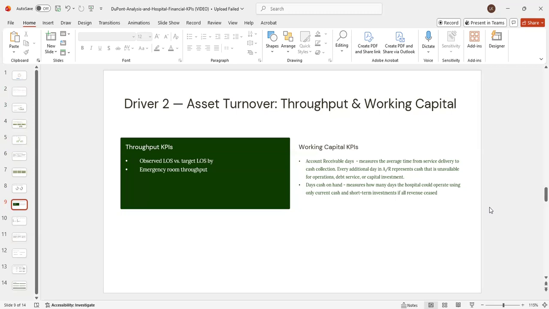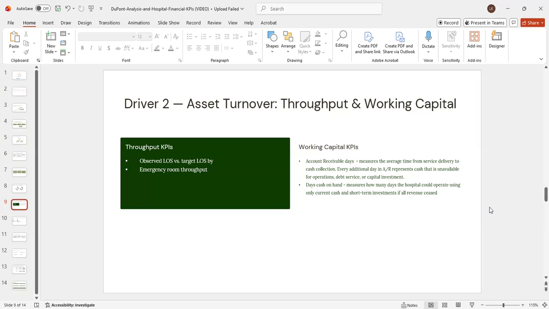Examples of commonly tracked throughput KPIs are metrics such as the ratio of observed length of stay relative to target. So the higher the observed length of stay relative to your target length of stay, the less efficient you are. And you may want to look at this by case type, of course, because the length of stay varies by the type of cases you're dealing with.